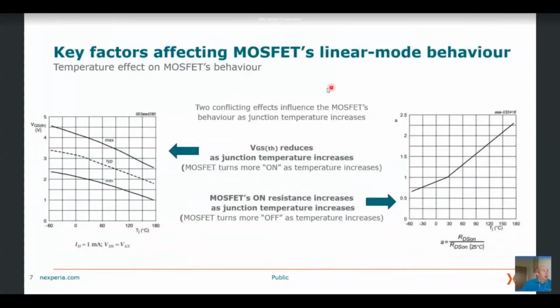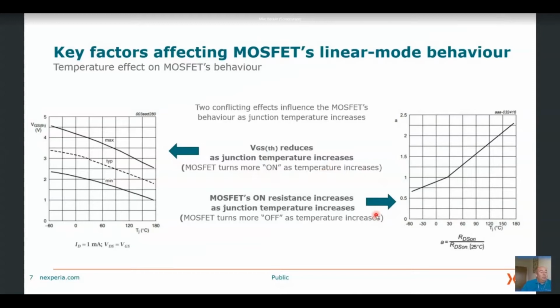Okay, so what affects a MOSFET's linear mode behavior? Well, there are two primary effects that contradict each other. The first one is that as temperature increases, the threshold voltage, the point at which the MOSFET turns on, reduces. So as the MOSFET gets hotter, the threshold gets lower. The MOSFET turns harder on, or more on, as the temperature increases.